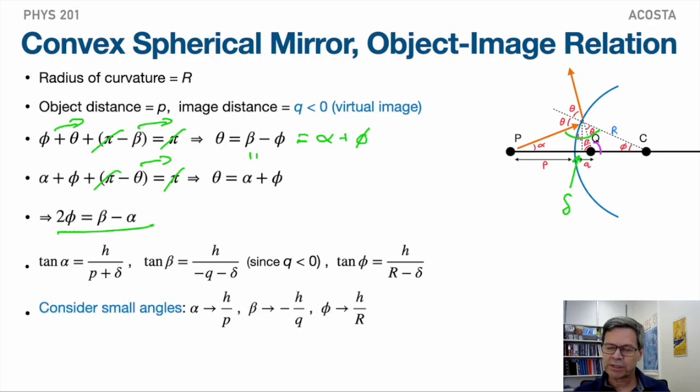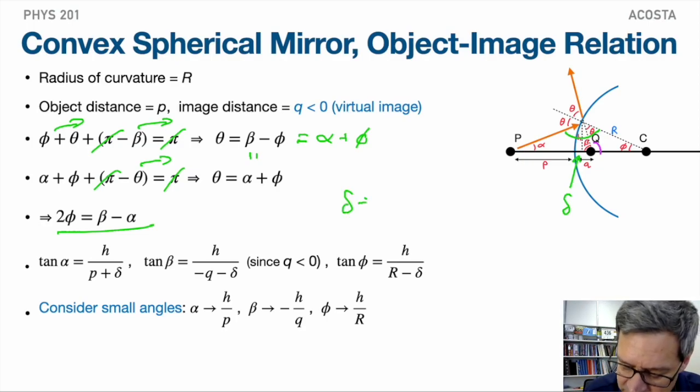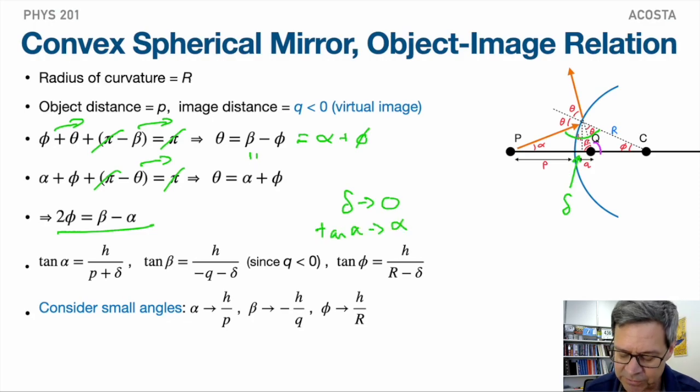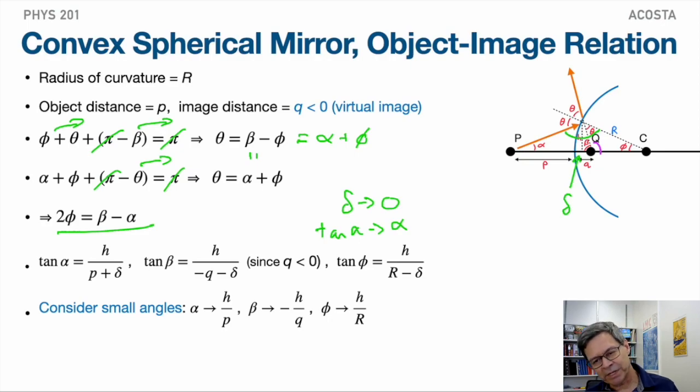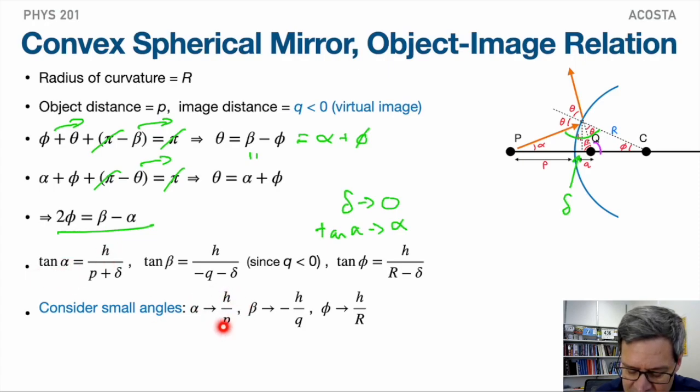Now, again, we're going to consider small angles. So it's a small angle approximation. In that case, delta is going to go to 0, and that means things like tangent of alpha just become alpha, and tangent of beta, beta, and tangent of phi, phi. So when I do all that, we see that my tangent of alpha just becomes alpha equals h over p when I ignore delta.